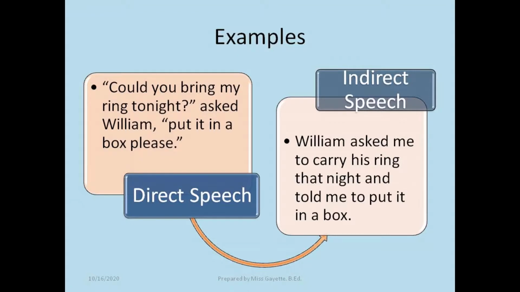Also notice your quotation marks enclose your end punctuation. But our focus is on how reported speech affects time. So let us look at the indirect or reported speech equivalent. William asked me to carry his ring that night and told me to put it in a box. So you notice instead of saying tonight, we say that night.